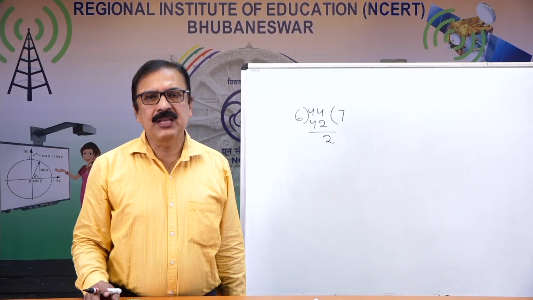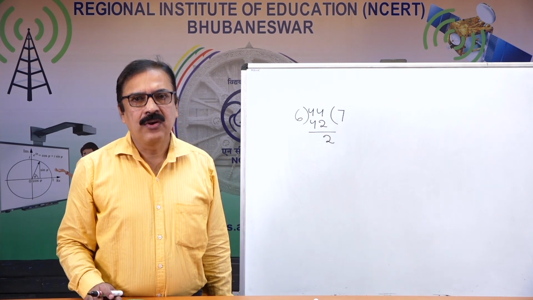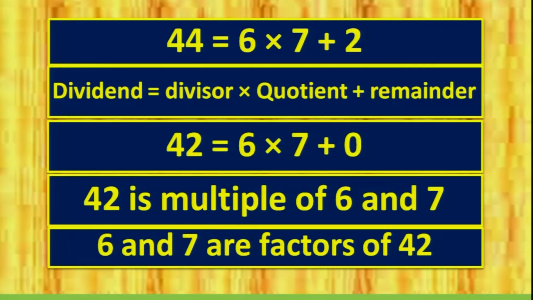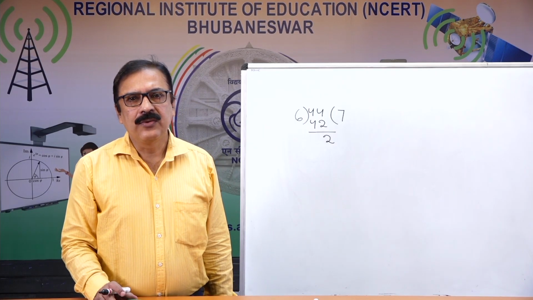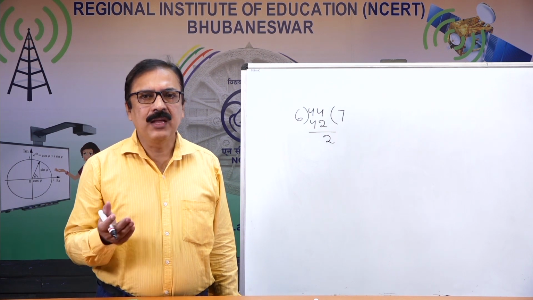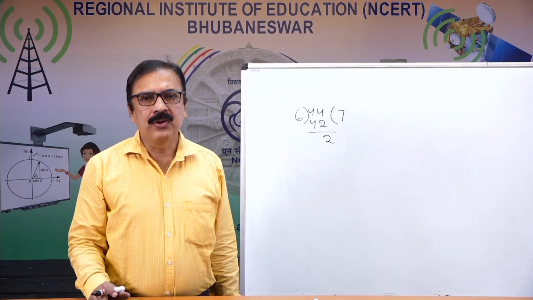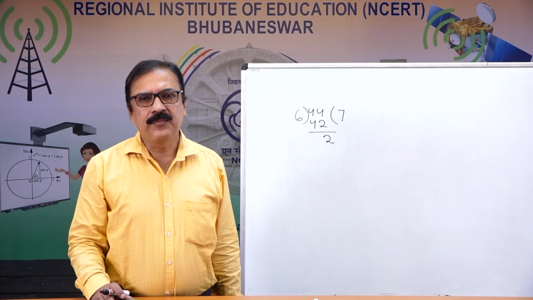So 6 and 7 are also named as the factors of 42. In the case of numbers, we follow a certain rule. Similarly, how can we divide a polynomial by another polynomial?